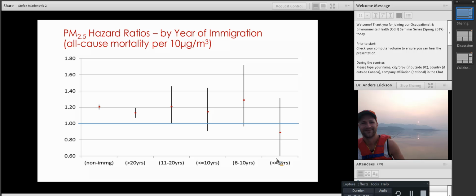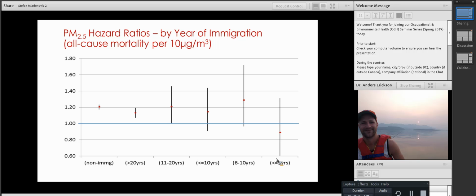What it appears, specifically when you look at the longevity of immigrants coming from China, which is driving that East Asia group category, is that they still tend to live longer than native-born Canadians as well as other immigrant groups.